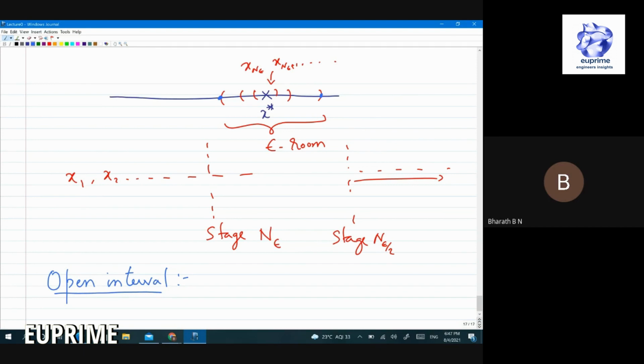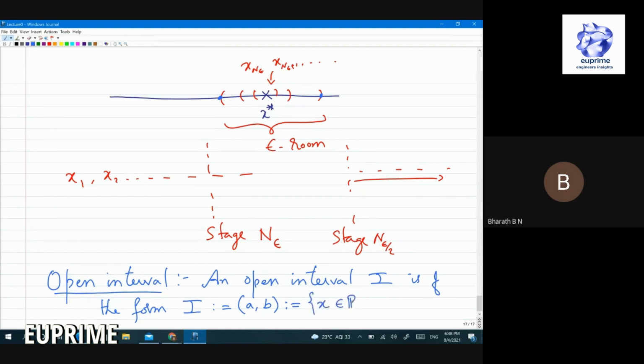So an open interval I is of the form, well, I'm going to use a notation here: a comma b. This is an interval. It is all the points x on the real line such that a is smaller than x, but b is larger than x. But x cannot be equal to b, x cannot be equal to a. This is an open interval.